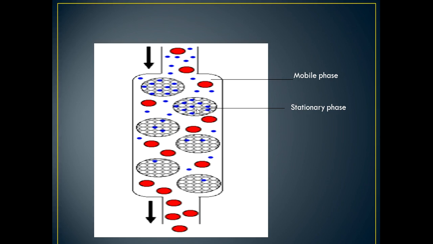This is our stationary phase, which contains some pores within it, and these pores are designed in a way that they are capable of only trapping particles of that size. In this case they are designed to trap smaller particles. So in our mobile phase we have two components: the red one, then the blue ones.